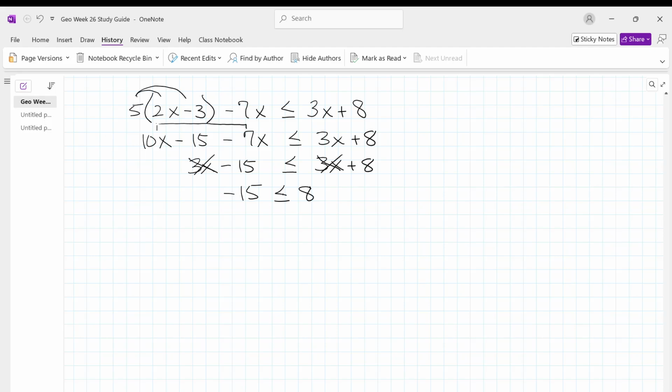Negative 15 is less than or equal to 8, isn't it? Okay. Always. Isn't that always true? Isn't negative 15 always less than or equal to 8? Okay. So this would be an always situation. An always situation is infinite solutions.